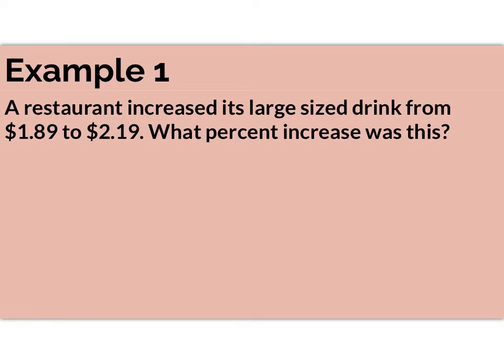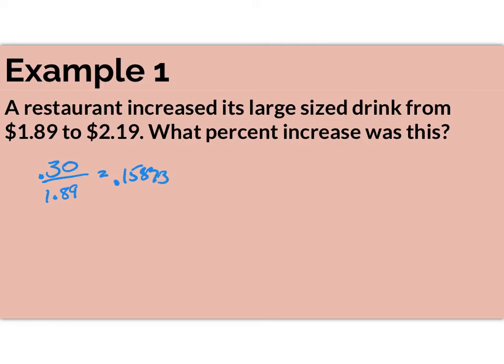So the difference between 2.19 and 1.89 is 30 cents over the original amount, 1.89. So 30 divided by 189, which equals 0.15873.